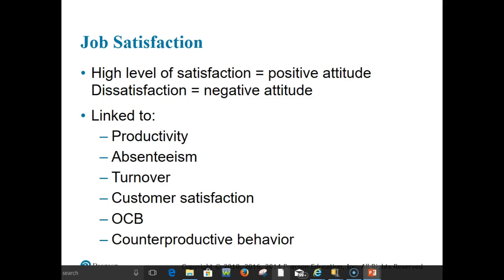Dissatisfaction equals negative attitudes. Job satisfaction is linked to productivity, absenteeism, turnover, customer satisfaction, organizational citizenship behavior, and counterproductive behavior.